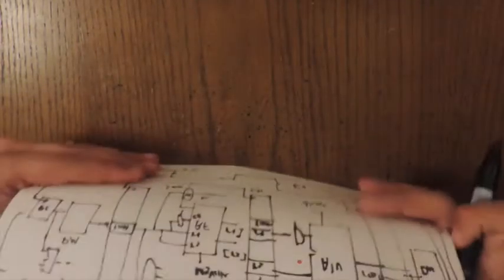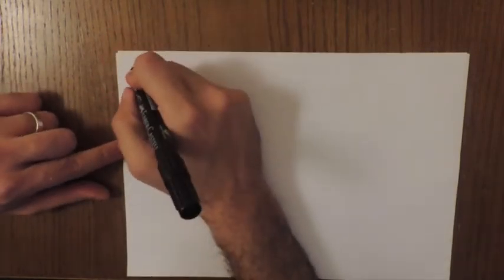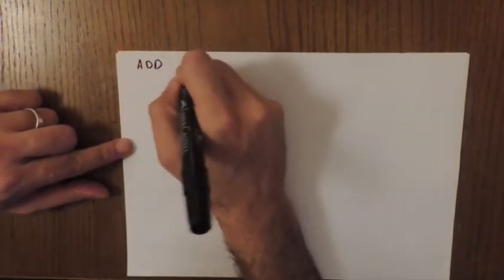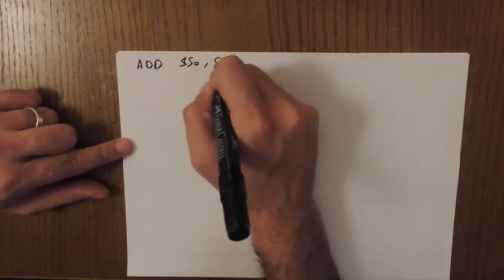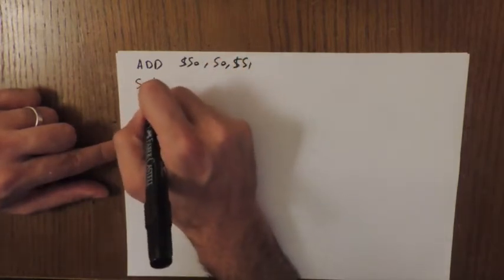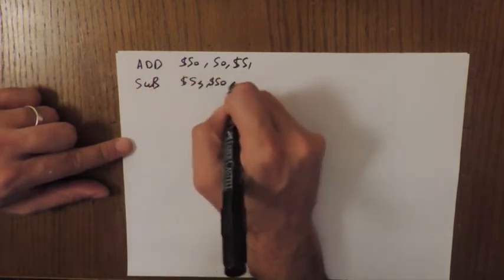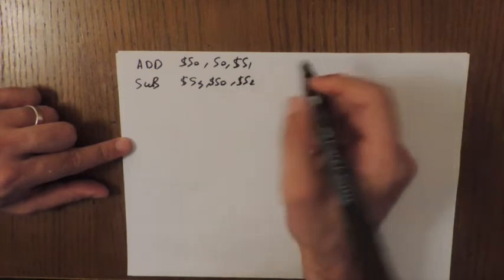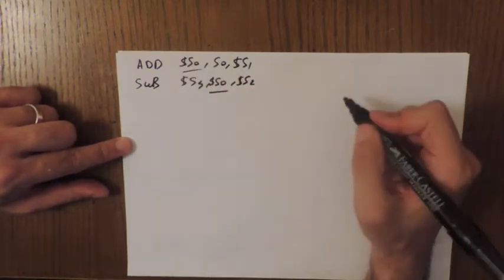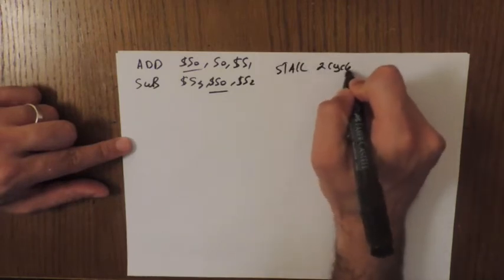Now, going back into the idea of data hazards, we said that if we have 2 instructions that have a read after write dependency, such as this, we need to stall 2 cycles.